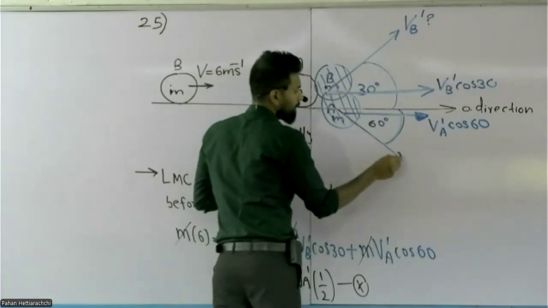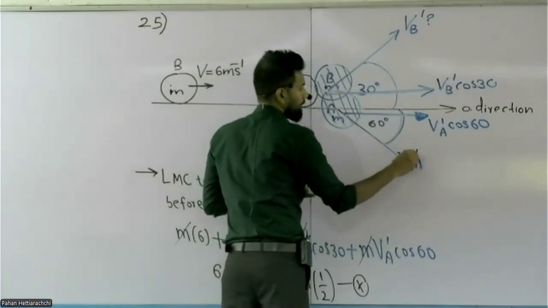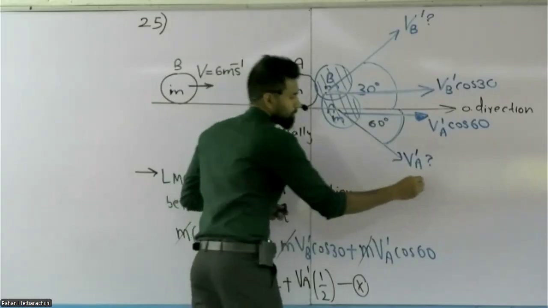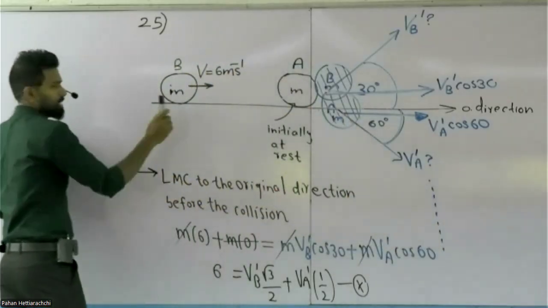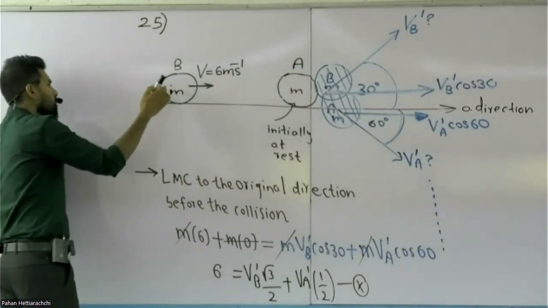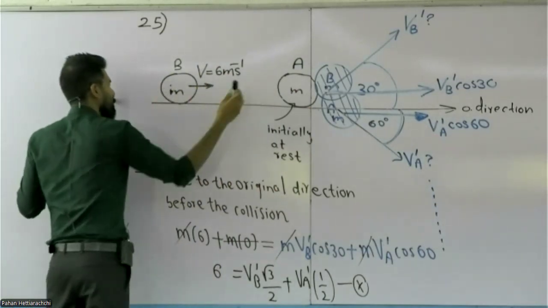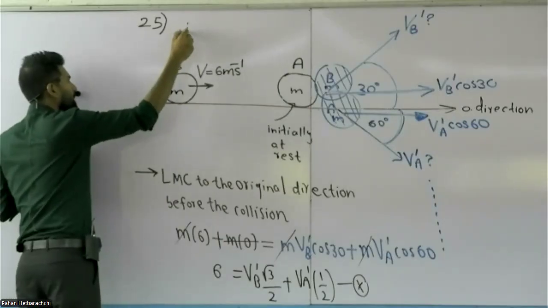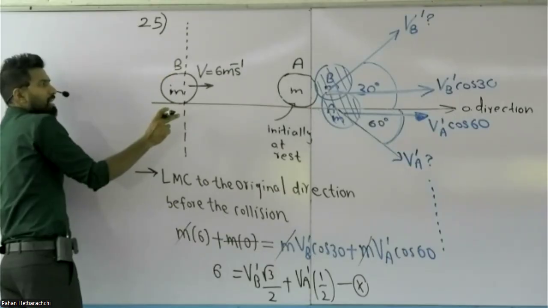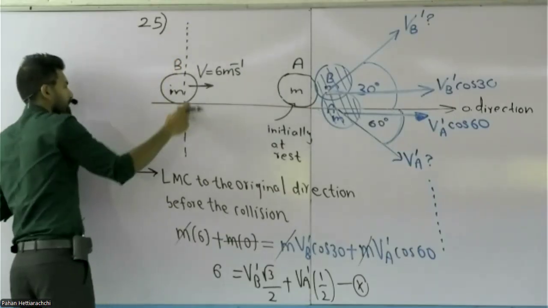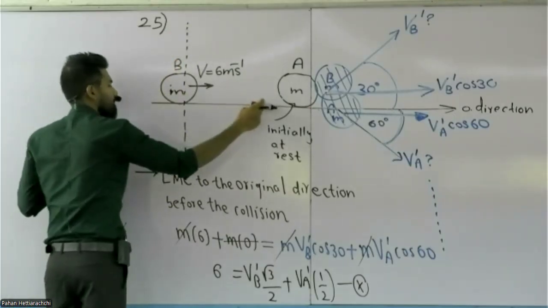I need two equations. So this is my next plan. I can notice that if ball B is moving initially in the considered direction, there was no momentum in the perpendicular plane. I can consider the plane perpendicular to the initial direction.